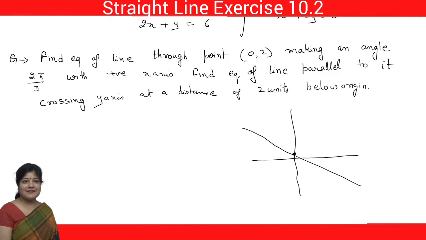Making an angle of 2 pi by 3. Equation of the line parallel to it, crossing the y-axis at a distance of 2 below the origin. That means this line passes from here below the origin, (0, minus 2).